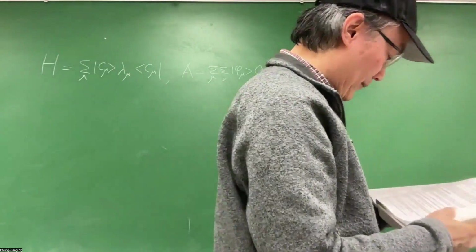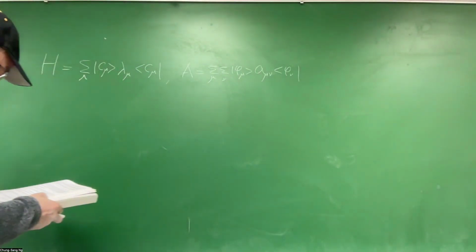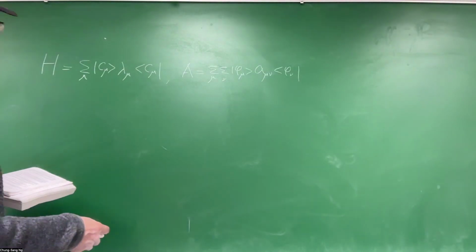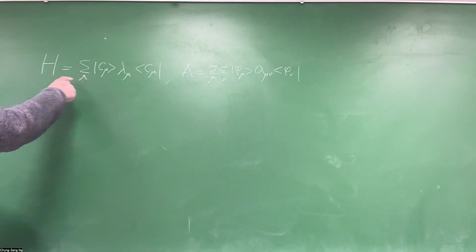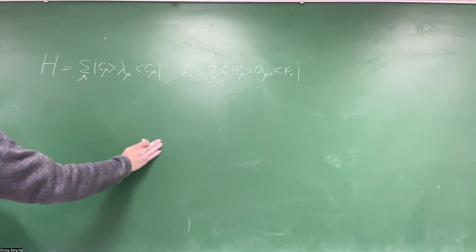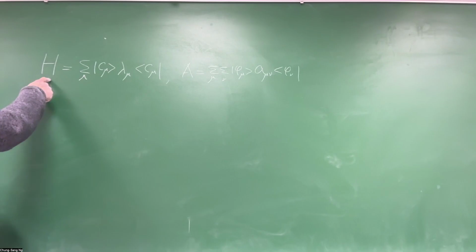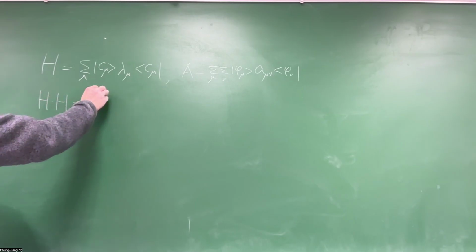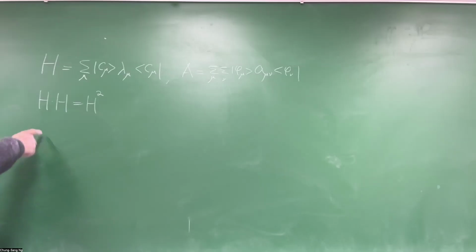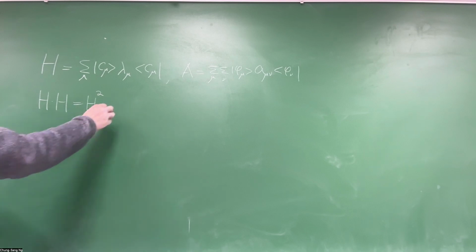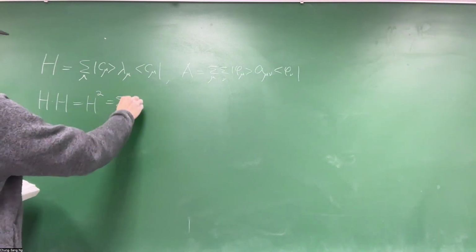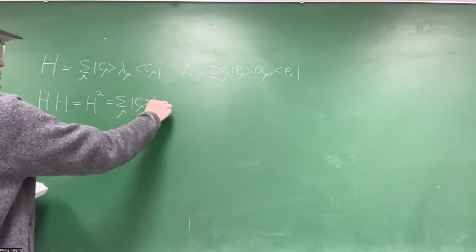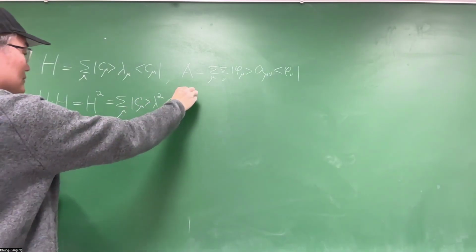Now, if you have another operator that commutes with it, the trivial one is just a function of this operator itself, like H operating on H. That becomes H squared, and obviously the eigenvalue of this one is lambda mu squared.